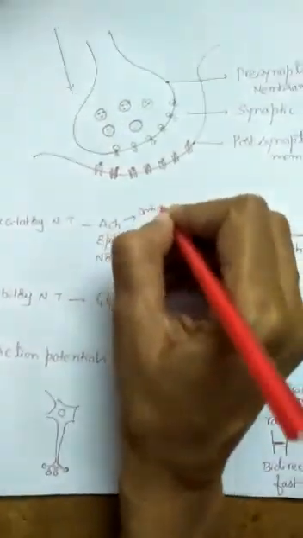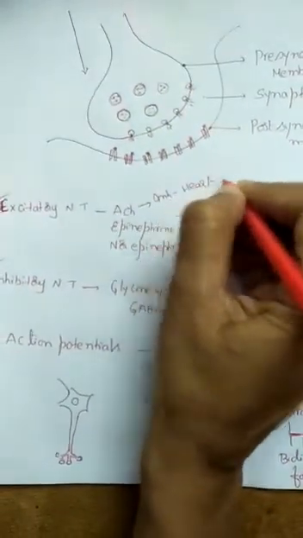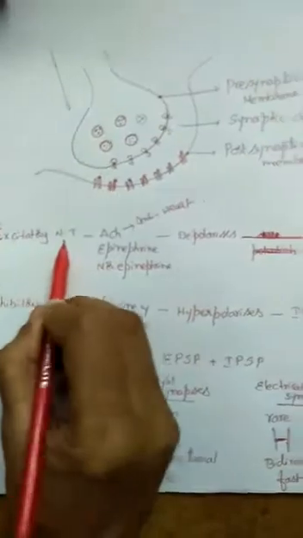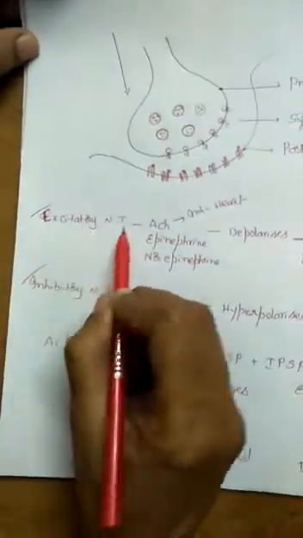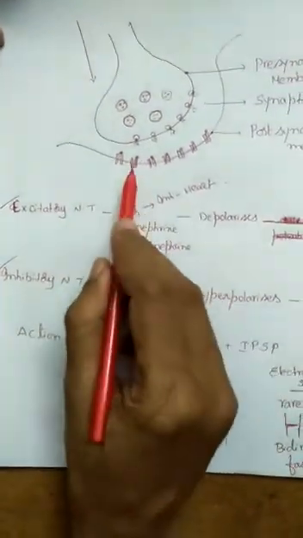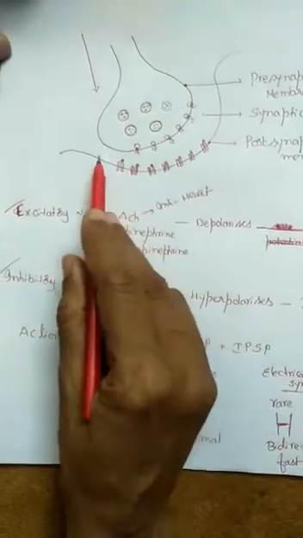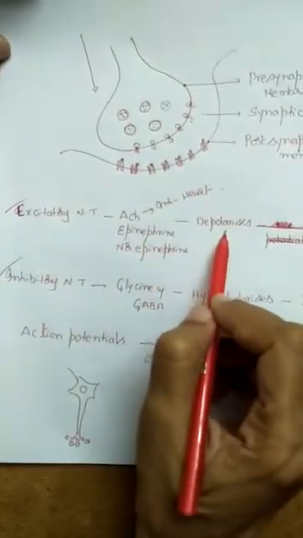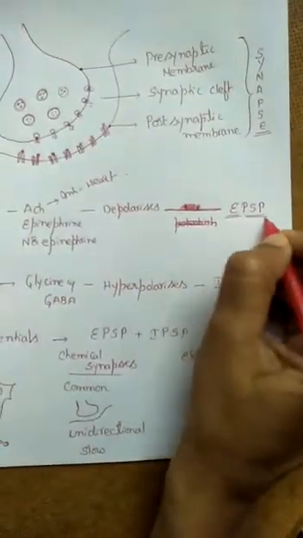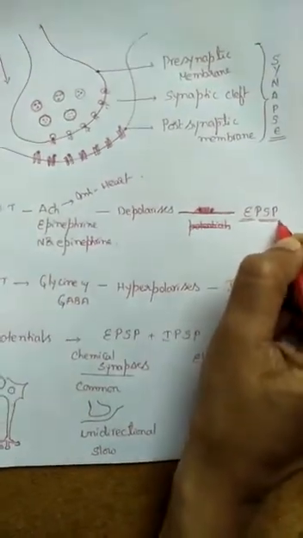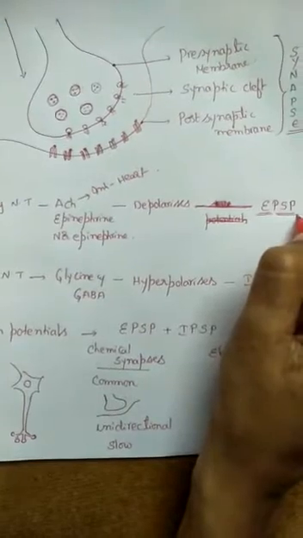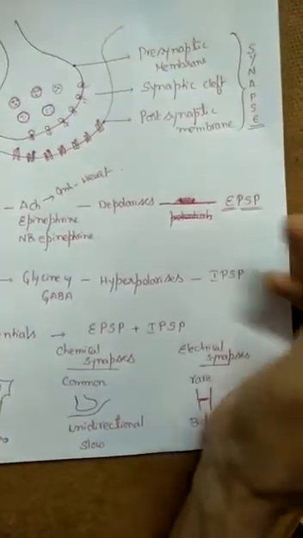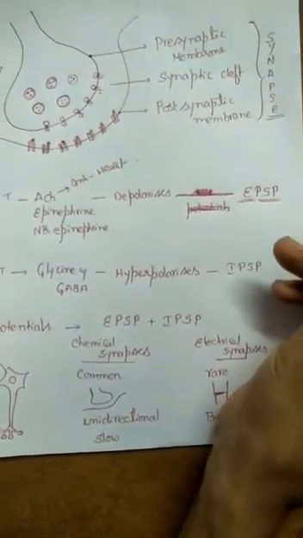So if these excitatory neurotransmitters are attached to the receptor here, it depolarizes the postsynaptic membrane and causes excitatory postsynaptic potentials, which may be positive potentials or less negative potentials.